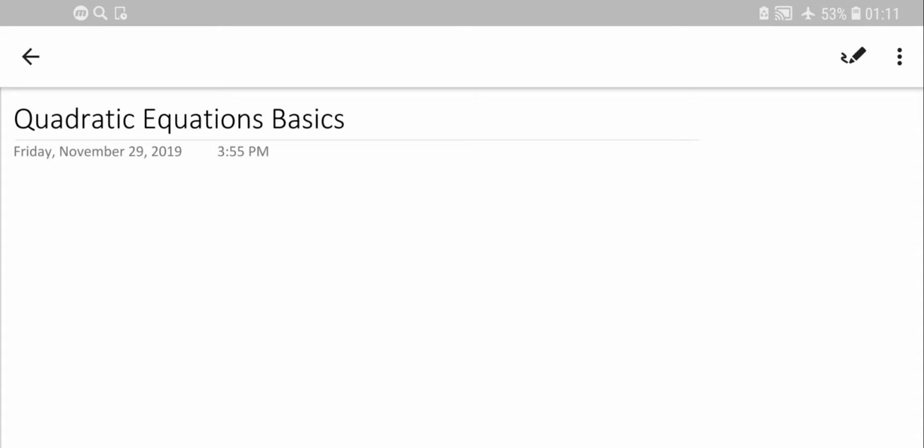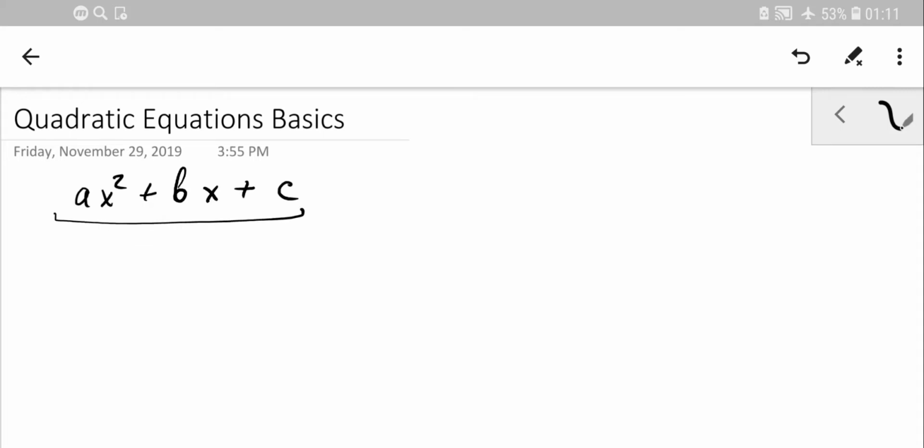So let me remind you: a quadratic equation is simply an expression in the form ax squared plus bx plus c. This is the full, or complete, quadratic equation, and the right side should definitely be zero.